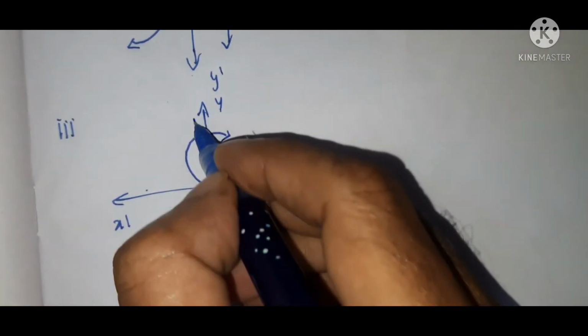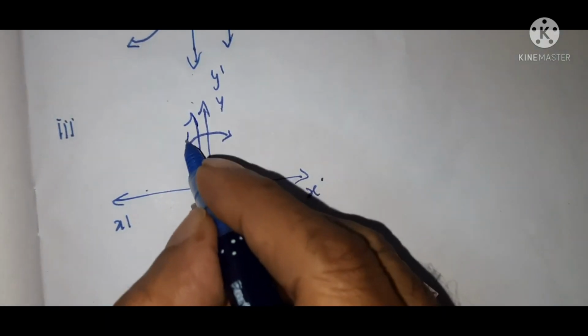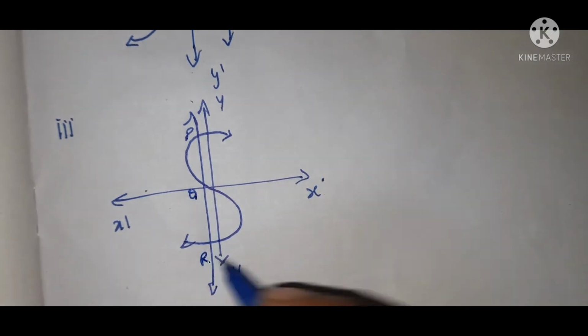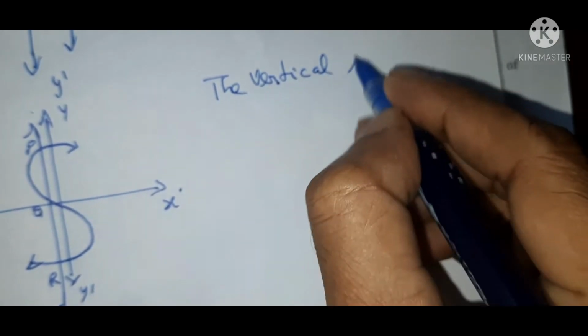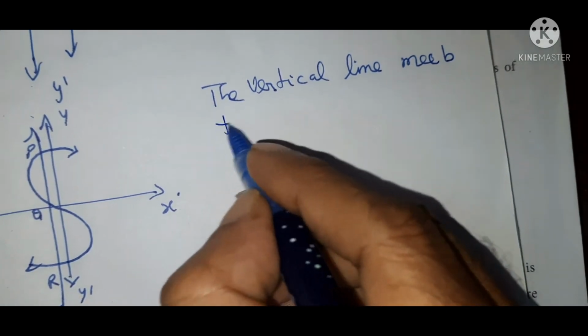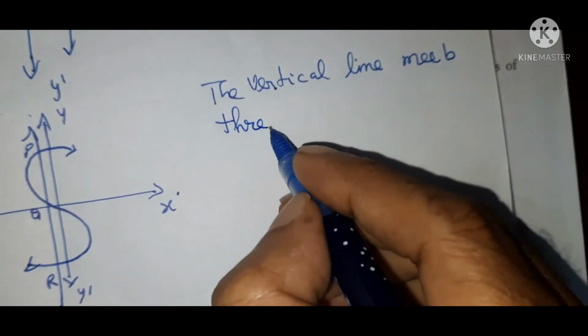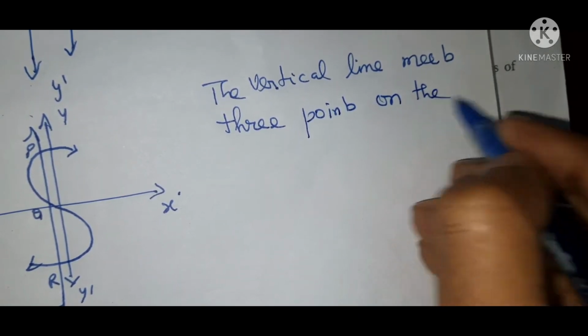A vertical line is drawn. It meets P, Q, R. The vertical line meets 3 points on the curve.